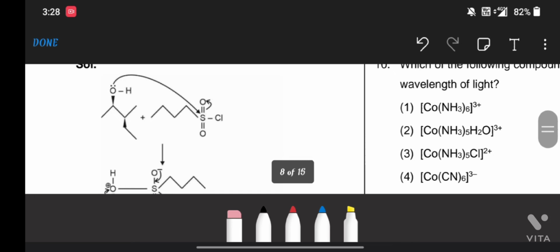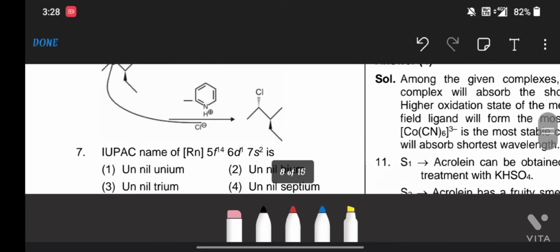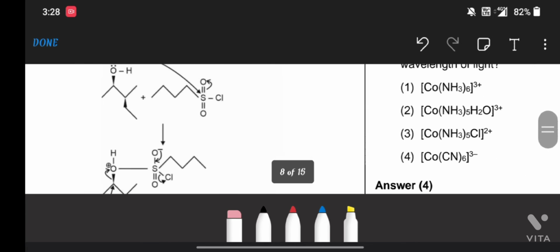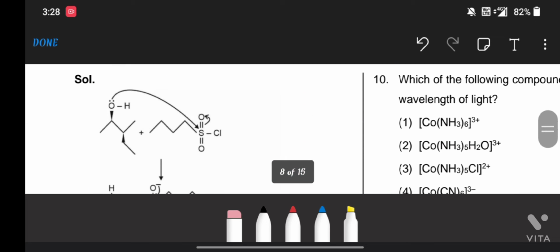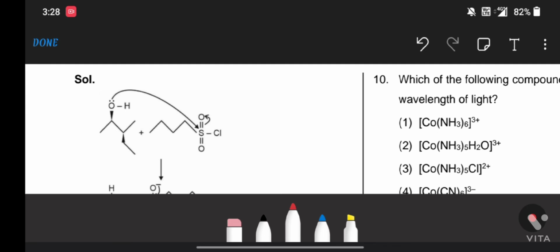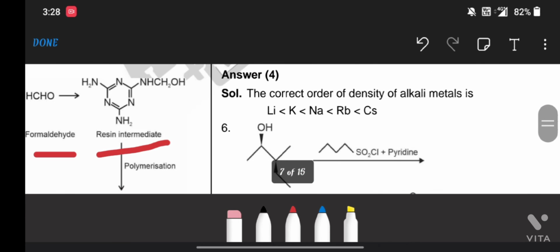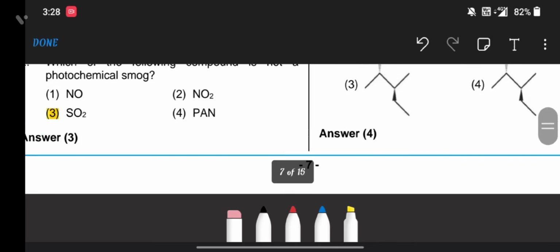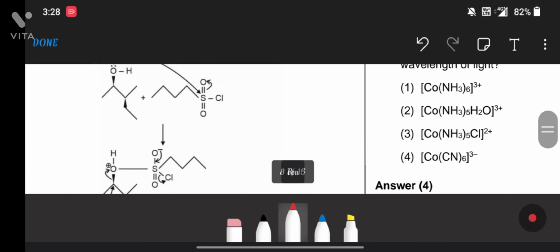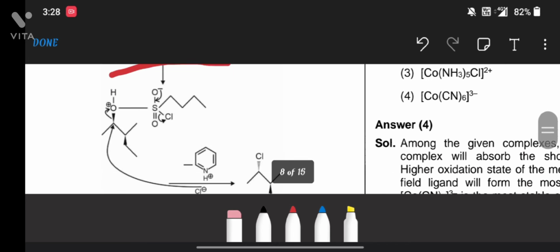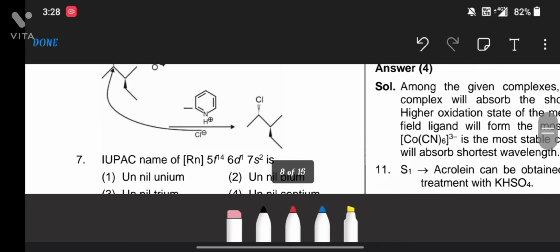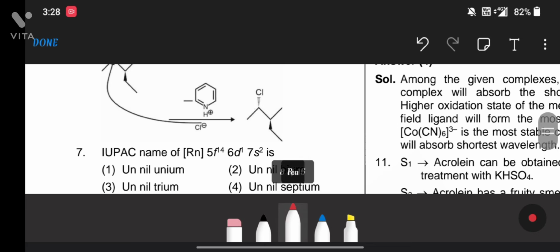The reactant that they have given is treated with the catalyst SOCl2 plus pyridine. It reacts with that, and after reacting, we get the final product.